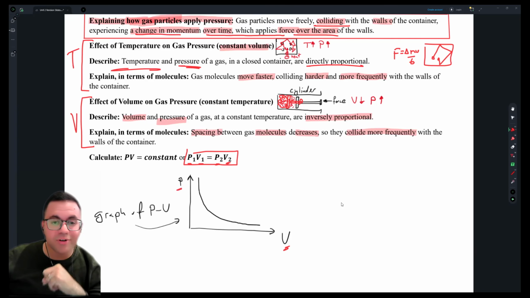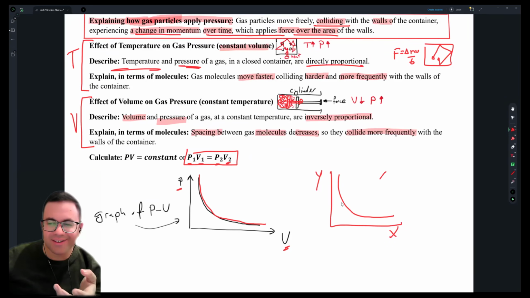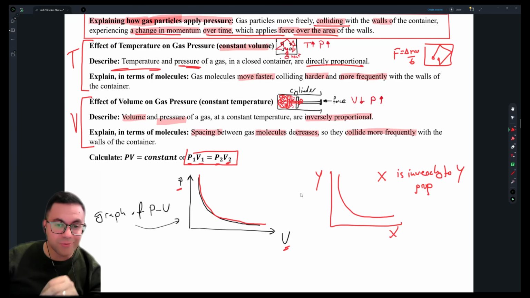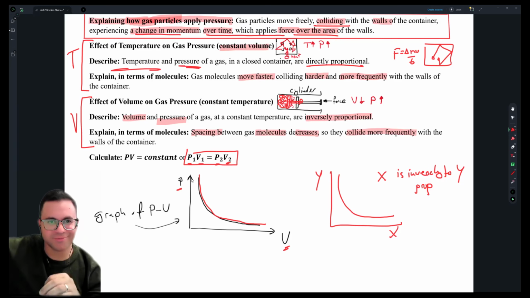Since pressure and volume are inversely proportional, this negative curve is what you sketch. By the way, this negative curve is what you sketch if anything is inversely proportional to anything else. So the graph for inverse proportionality is always this negative curve.